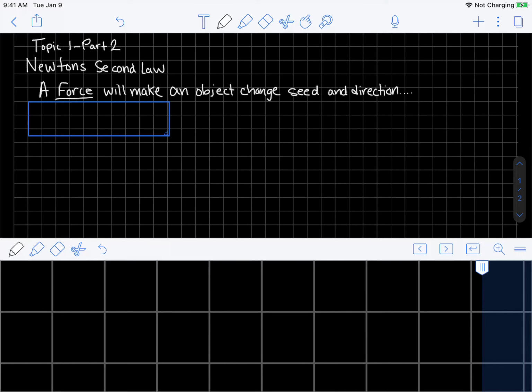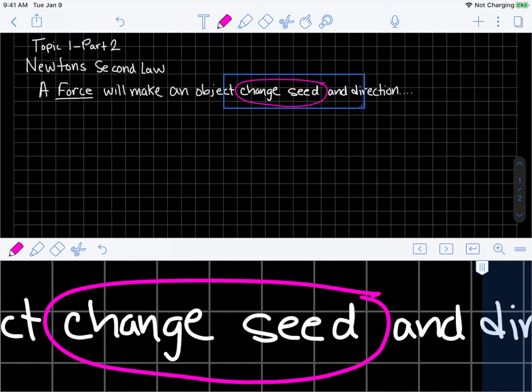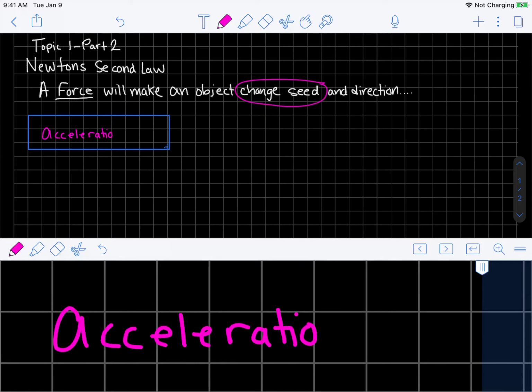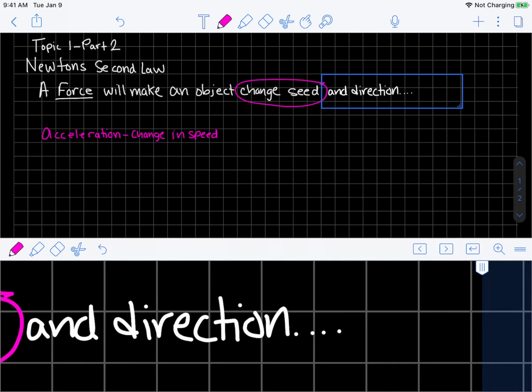A change in speed, okay, a change in speed, that is an acceleration, if you remember that from before. So acceleration is involved here. The other thing that's involved here is this idea of a change in direction.